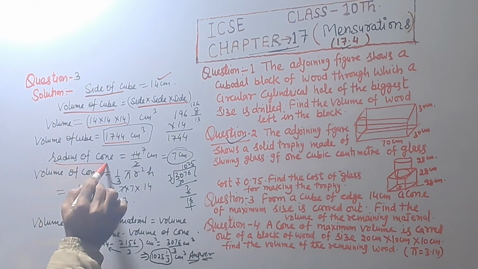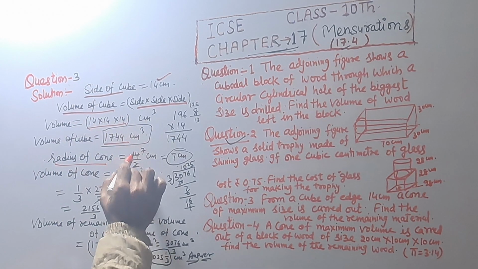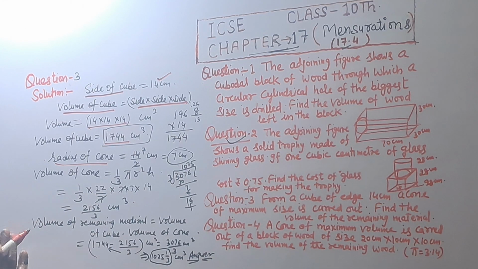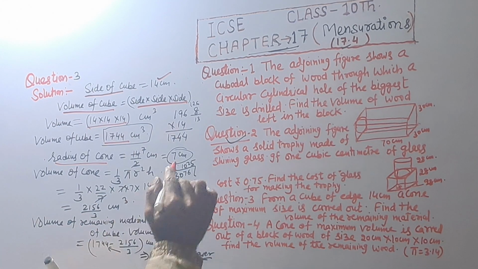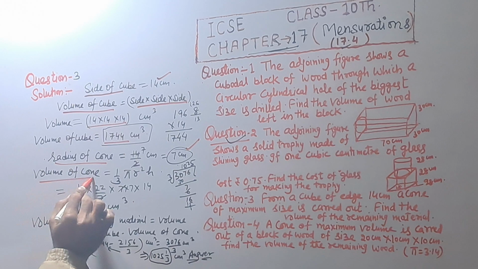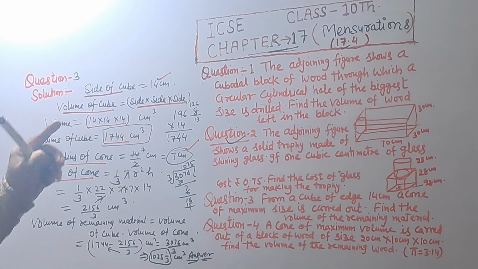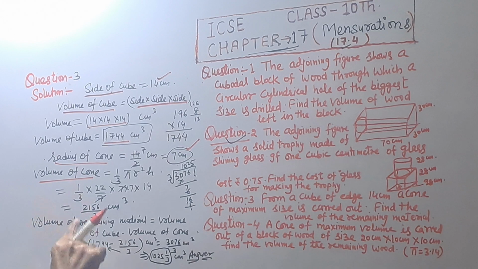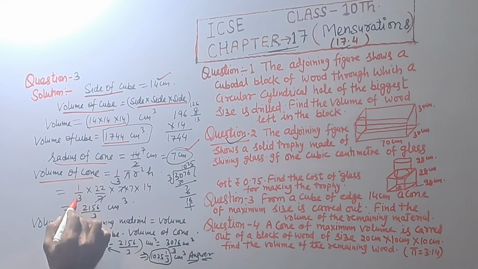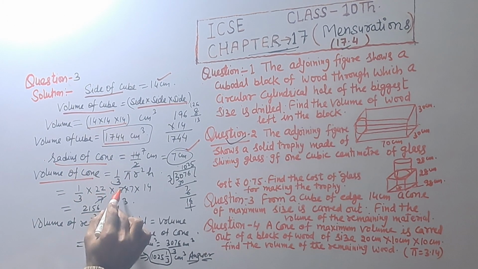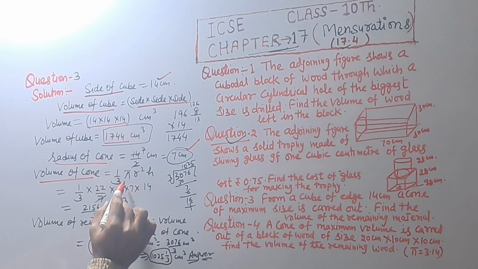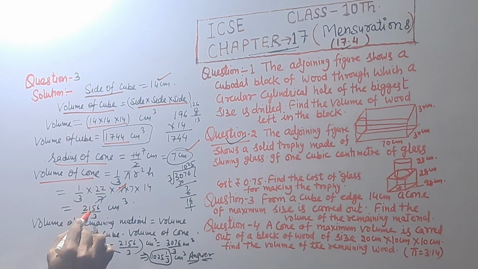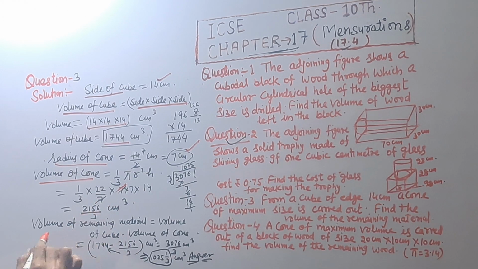And radius of cone, that is half of side, 14 divided by 2 is 7 centimeter, so we get radius of cone is equal to 7 centimeter, and we know that the volume of cone is equal to 1/3 pi r square h, 1 upon 3 into 22 upon 7 into 7 into 7 into 14, then we get 2156 upon 3 centimeter cube.